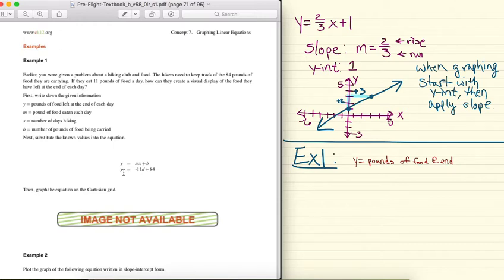All right. They're saying m is the pounds of food eaten each day. It says x is the number of days.